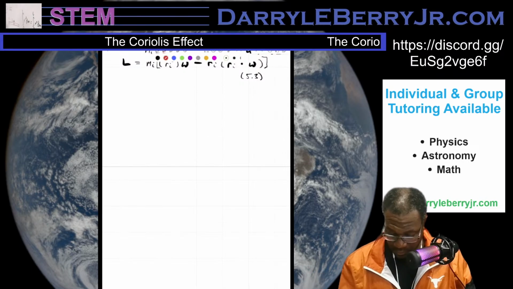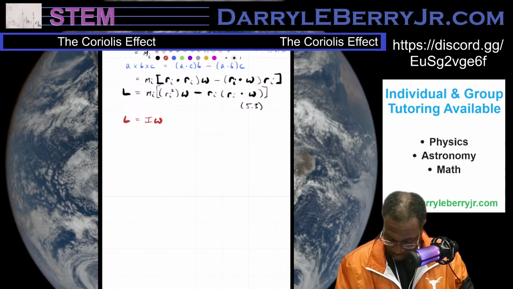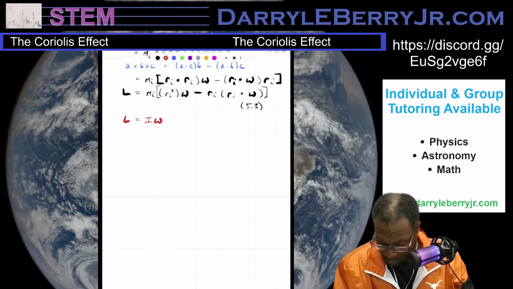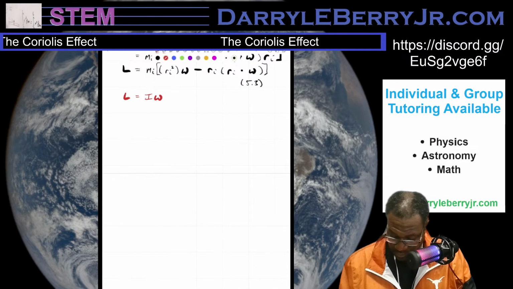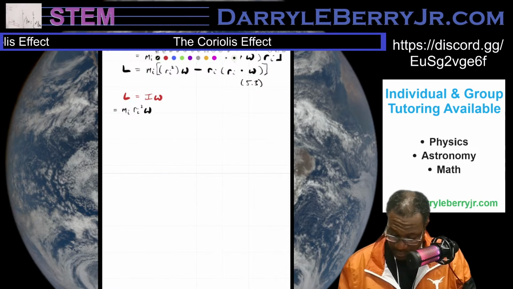And we have L. This is from class, L equals I omega. mi ri squared is I. I need to learn how to expand this. Equals mi ri squared omega.